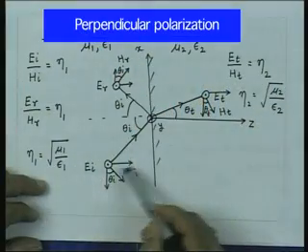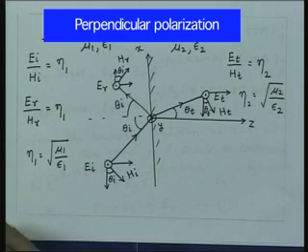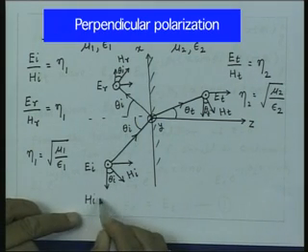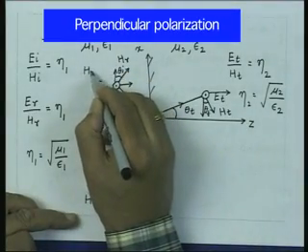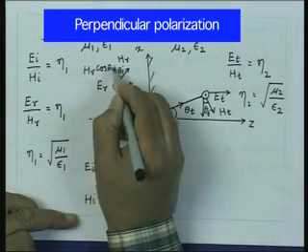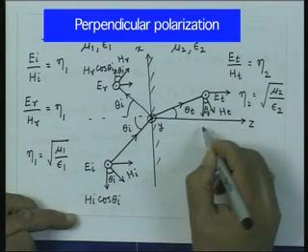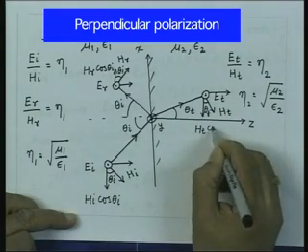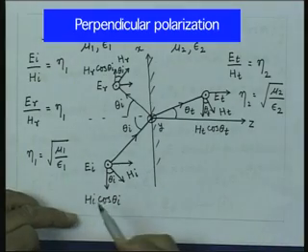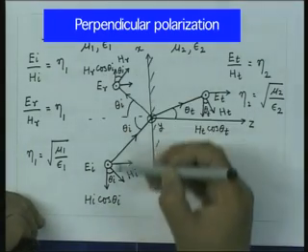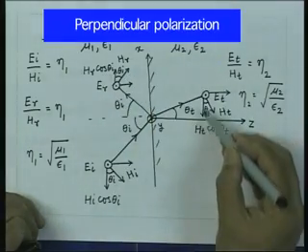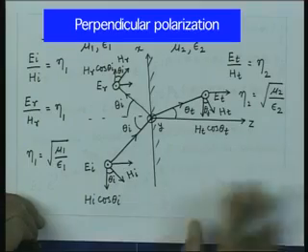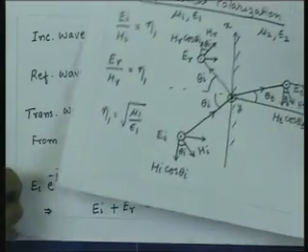So we have the tangential component of the magnetic field, which is Hi cos theta I. This component is Hr cos theta I, and this tangential component is Ht cos theta t. So we can apply the continuity that this minus this, because they are in opposite directions, should be equal to the tangential component, which is Ht cos theta t.